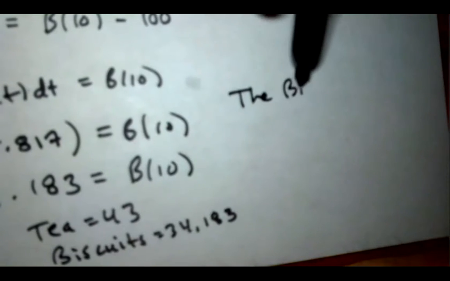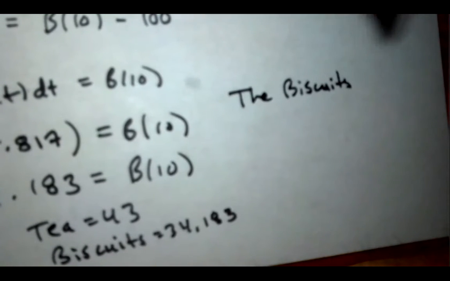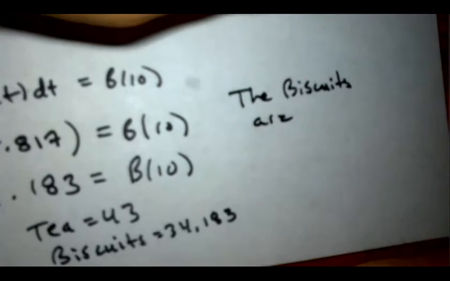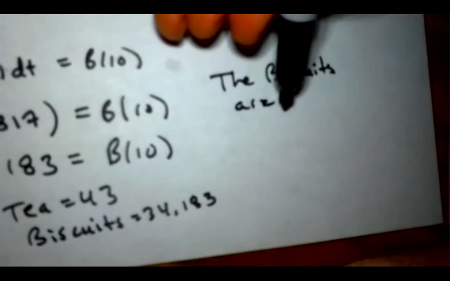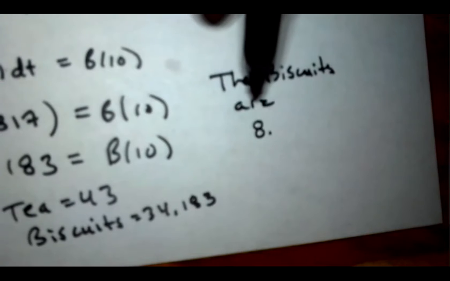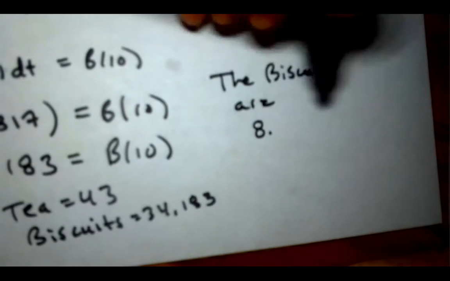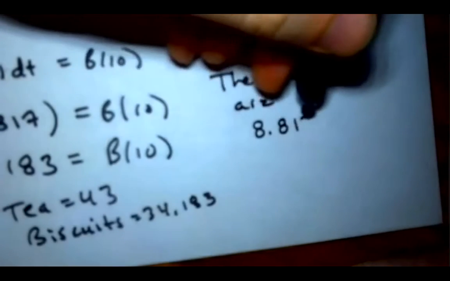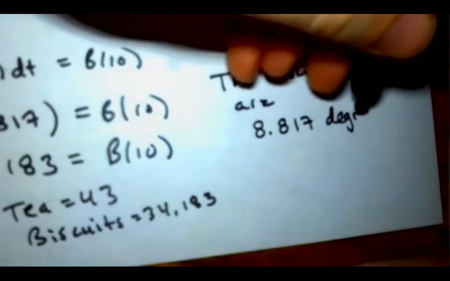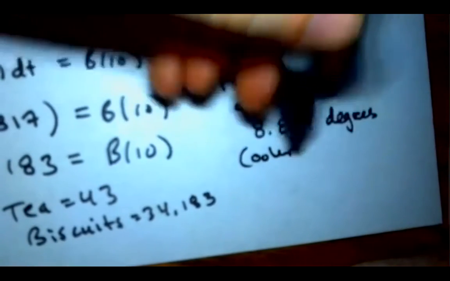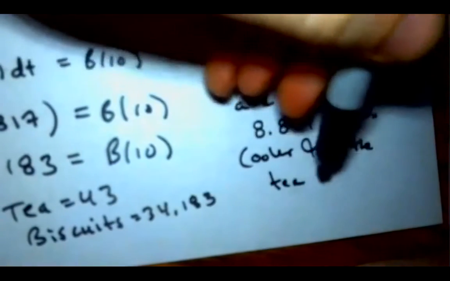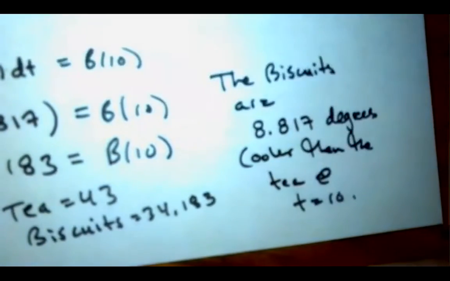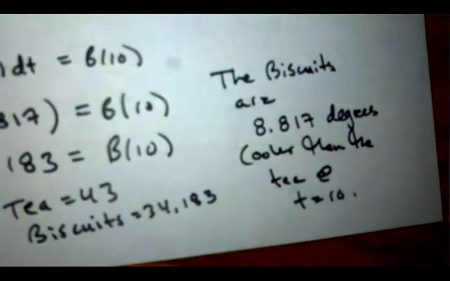The biscuits are what? 8 something? 8.817. 8.817 degrees cooler than the tea at t equals 10. If that's making sense, guys, you're going to pass the AP exam. I have good news to tell you.